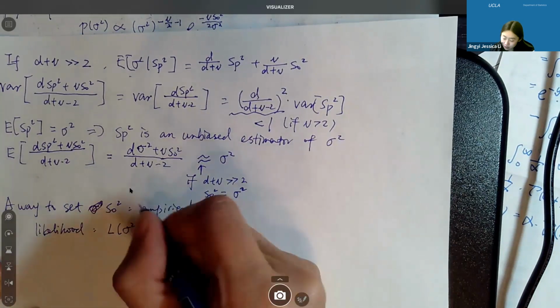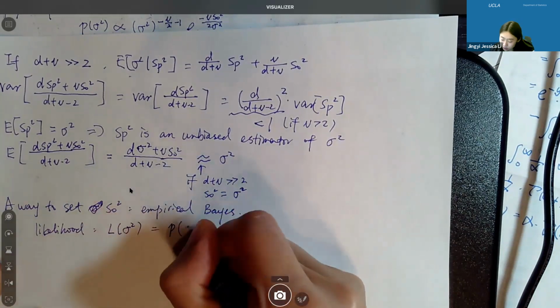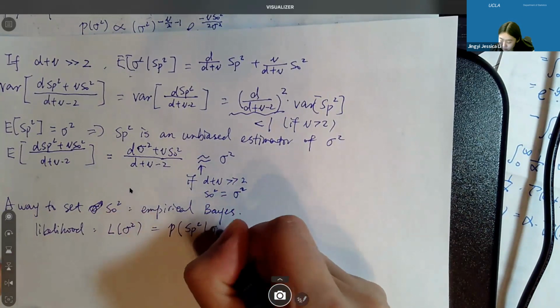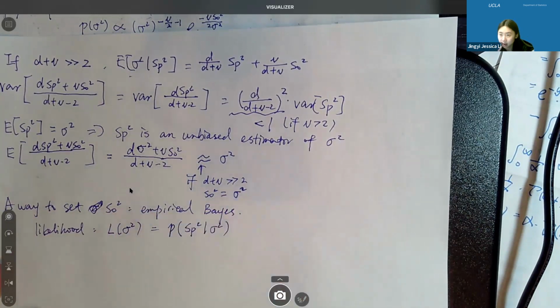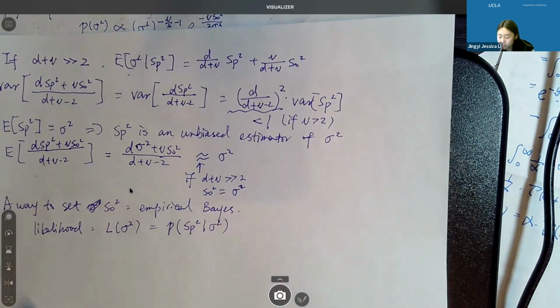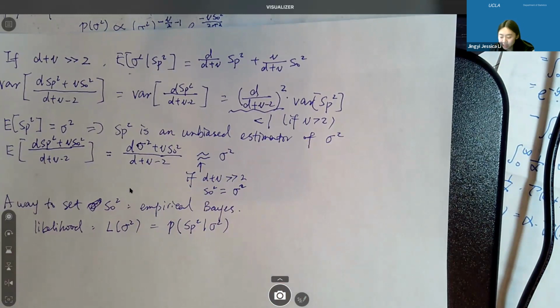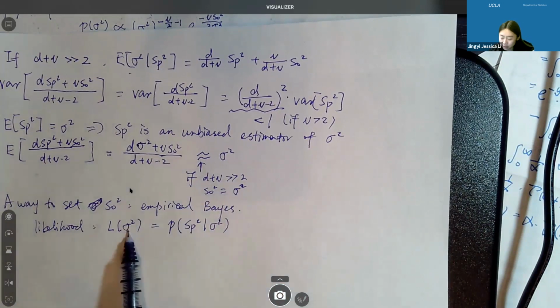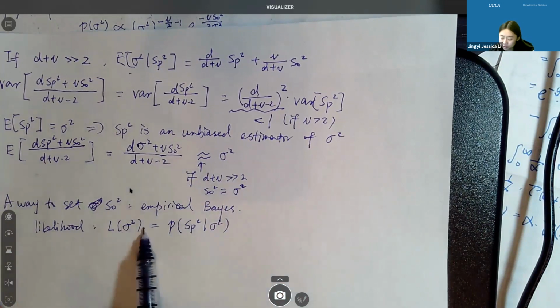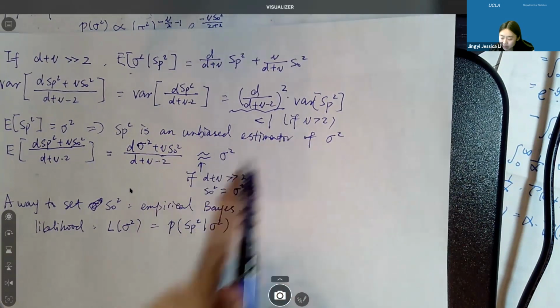It's defined as the density function of S_p squared given sigma squared, given the data. So how about now if I want to introduce my hyperparameters into here, not just the parameter of interest, sigma squared, but the hyperparameters including v and s0 squared.